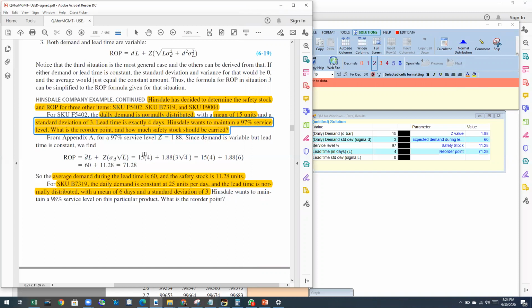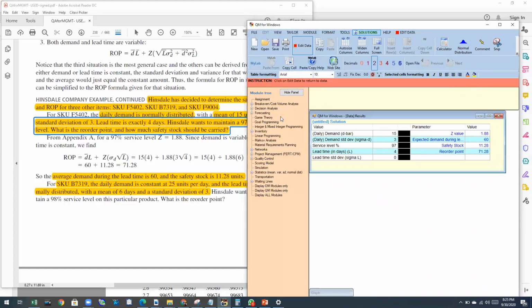Expected demand during lead time is 60. Yeah, 15 by 4 is 60. Safety stock is 11.28, which is 1.88 multiplied by that expression there. And so the reorder point is 71.28. So this is how we solve for the first situation where daily demand varies and lead time is constant.